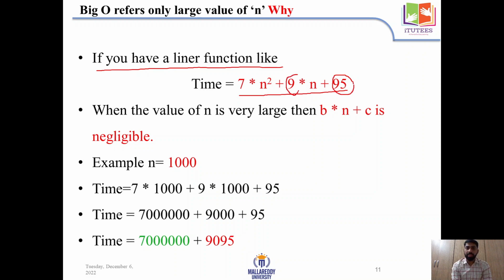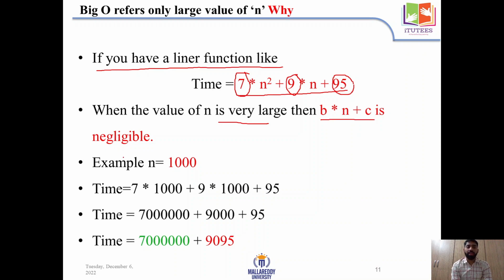In the for loop you write 9 instructions, which execute 9 into n times. In the nested loop you write 7 instructions, which execute 7 into n square times. You don't bother about these constants. When the value of n is very large, we are going to ignore b into n plus c.